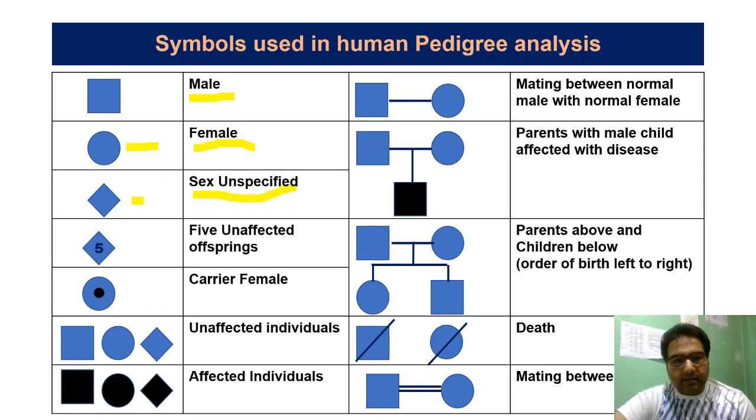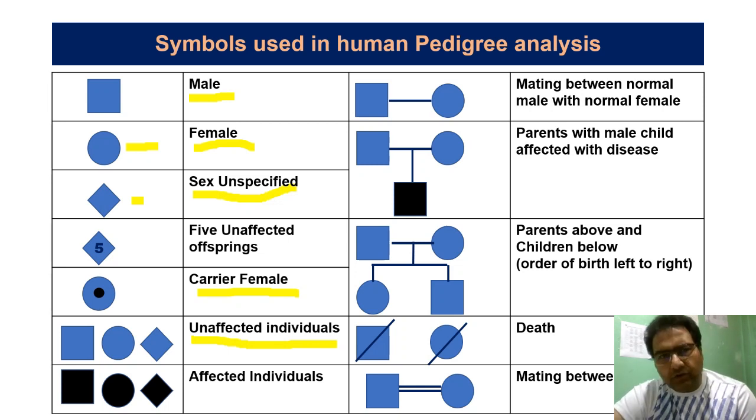When a circle has a blackened inner core, it is a carrier female. The square, circle, and diamond represent unaffected individuals when they are white, or usually shown in light colors.